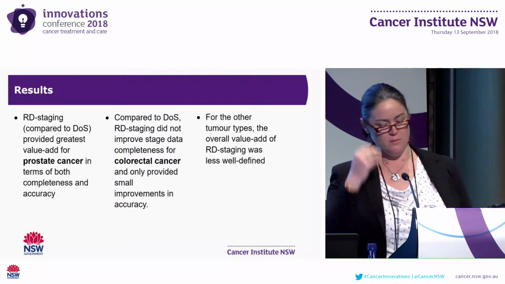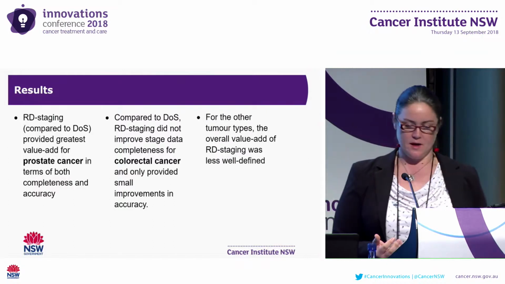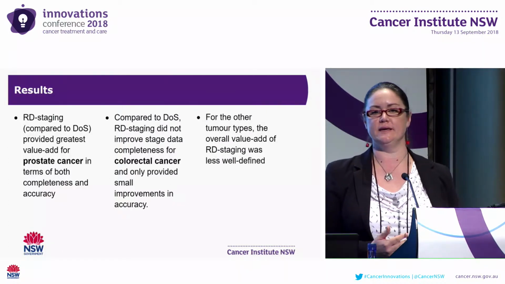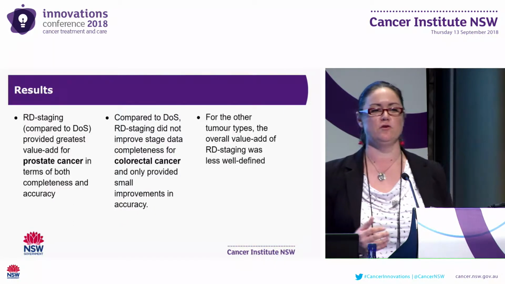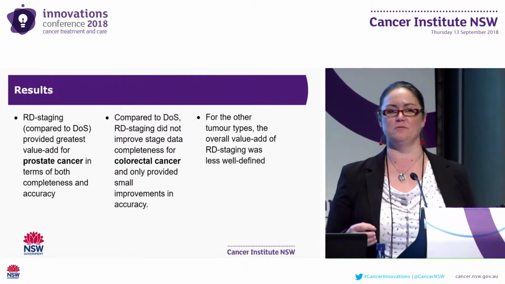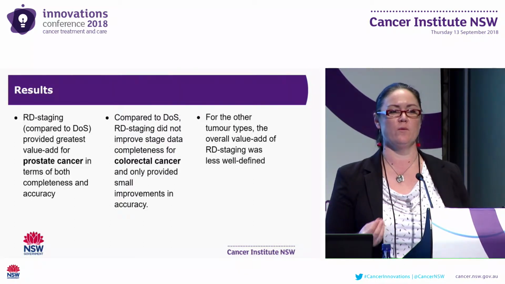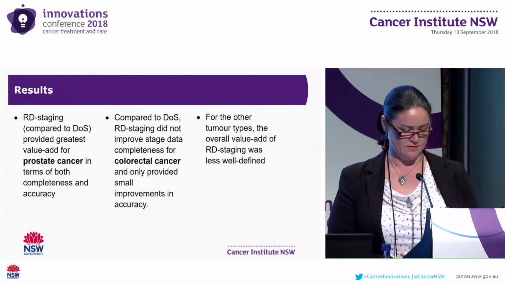For the other tumour groups, the value is less well defined. I think we'd need to have a really good, robust discussion with all of the national registries to talk about the way forward and how we collect in a standardised way for national reporting, where we're going to get the most value there, where it goes on a national stage.